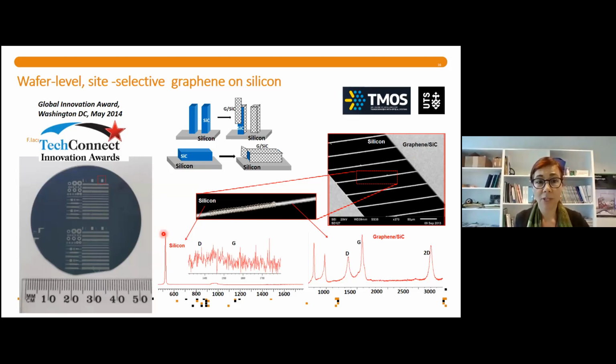Also, because we're working in liquid phase, this really helps the conformal coverage of the catalyst all around any type of silicon carbide structure. You can see here that this is really made of the TO and LO of silicon carbide and graphene. Anywhere else is only silicon. So this process is naturally selective.